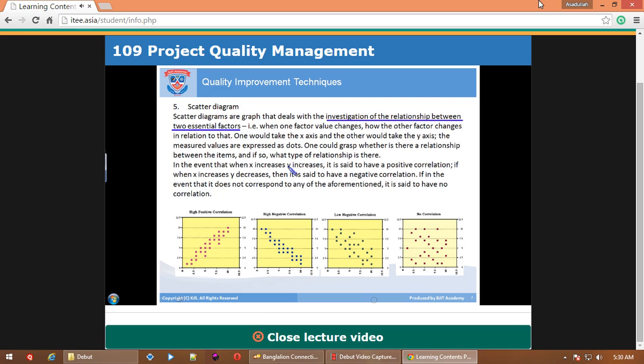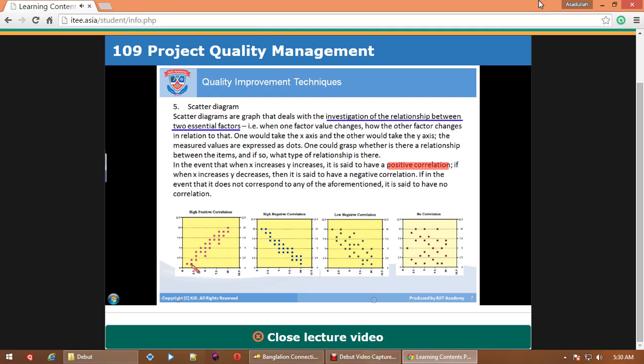Normally, we plot the values of these factors, one in the x-axis and another in the y-axis. In the event when x increases, y increases, we call this positive correlation. For example, if you look at this graph, when x increases, y also increases for most of the plotted values.